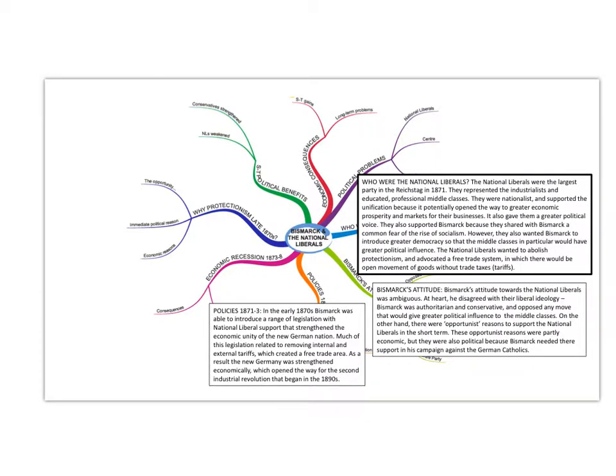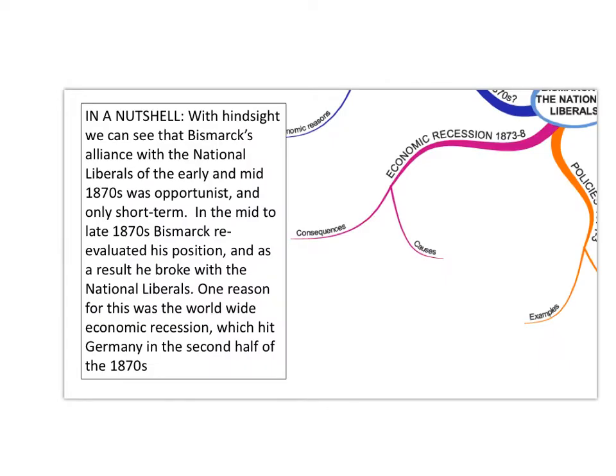So the next strand. What we're saying is, early 1870s, very successful, but then things began to change with an economic recession that began in 1873.